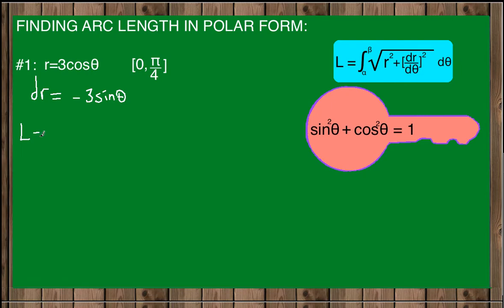So length equals integration from alpha to beta. Our alpha is 0, which is our lower boundary, and our upper boundary is pi over 4.